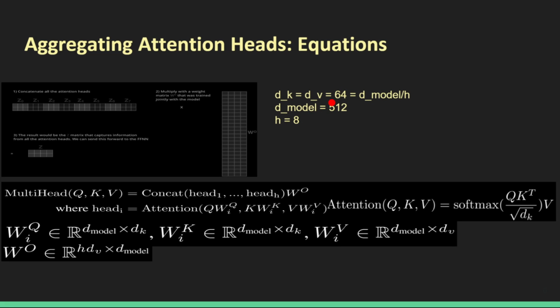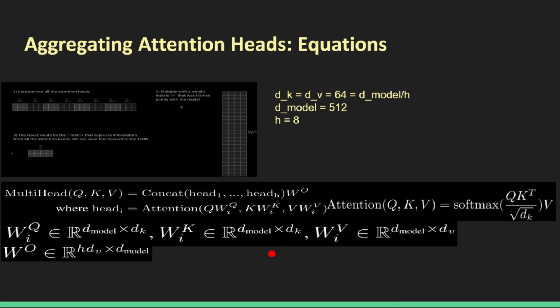Over there, the dimensionality of the K, V, and Q vectors were reduced to 64, right? This is because your WQ, WV, and WK weight matrices are of size R^D by D sub K, which outputs vectors of size D_K, which is 64.